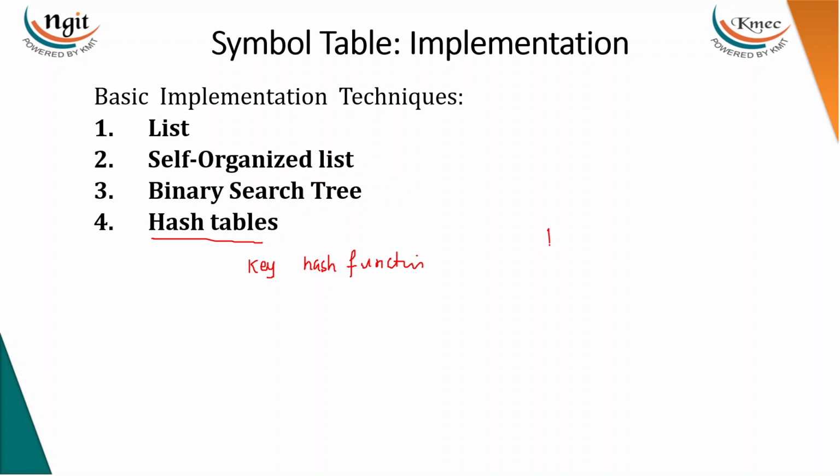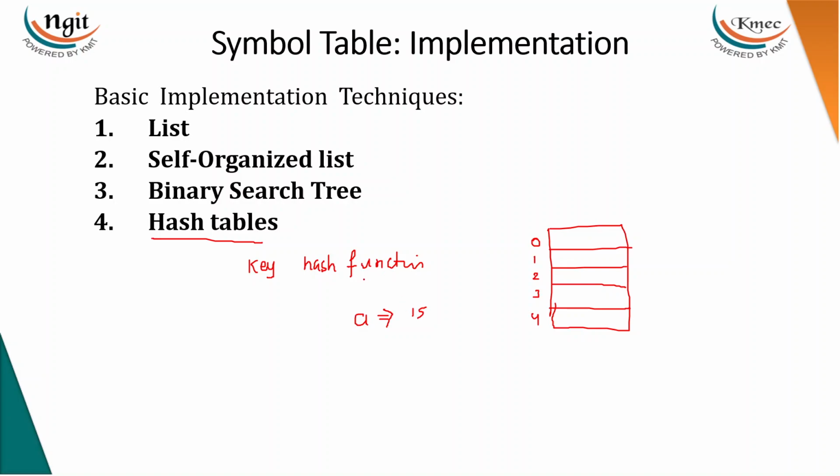For example, assume we have 5 entries here, so the index goes 0, 1, 2, 3, 4. In the hash table, if I want to store a, forget about the exact ASCII value, assume we have given a the value 15.